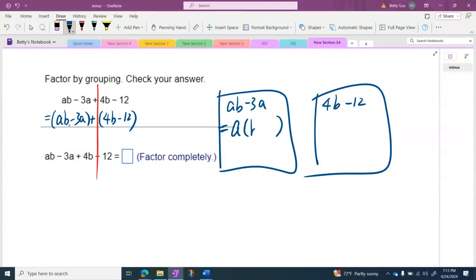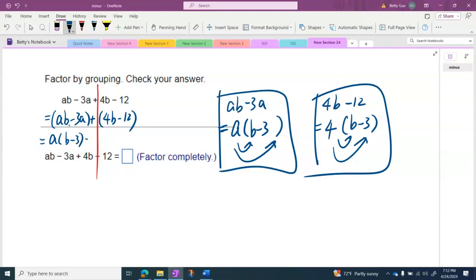A. Factored out, we have B minus 3. Double check if you are not sure, okay? A times B, AB, A times 93, 93A. And for this one, we want to have a B minus 3 in the parentheses. So we factor 4 out. 4 times B is 4B, 4 times 93, that is 12. And then we have the first group, A times B minus 3, plus second group, 4 times B minus 3.